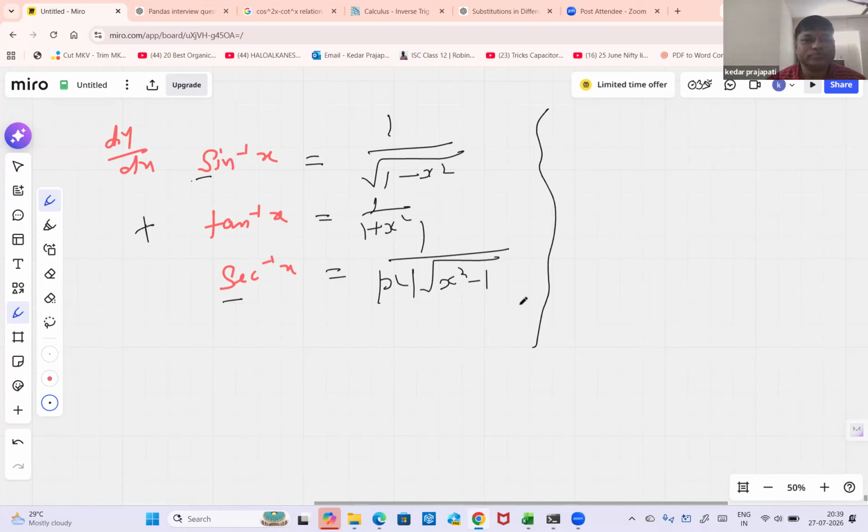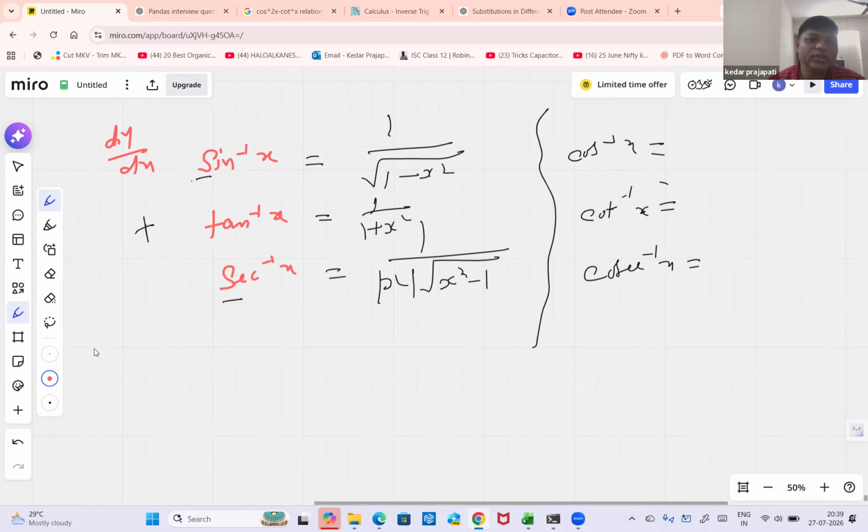And sine corresponds to cos. Cos inverse x, cot inverse x, and cosecant inverse. Just tell, what do you recall?